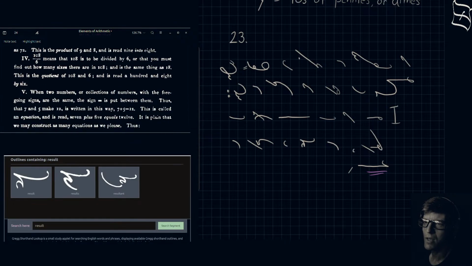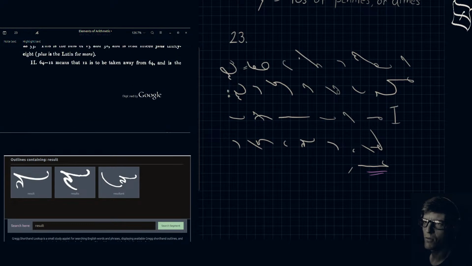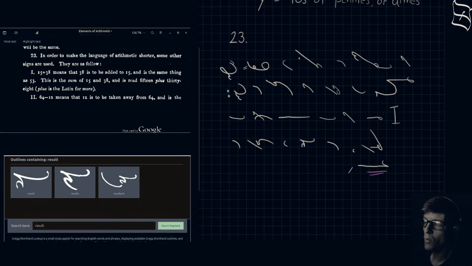I wonder why he doesn't use the wording for addition, but it doesn't matter. I'm going to use it here. So I'm going to say that the symbol of addition.